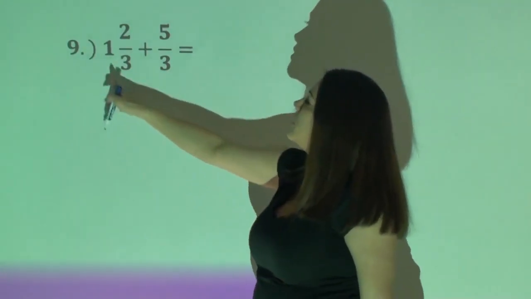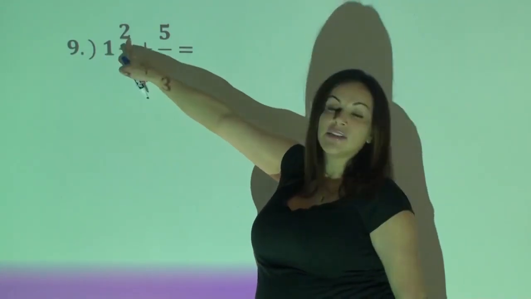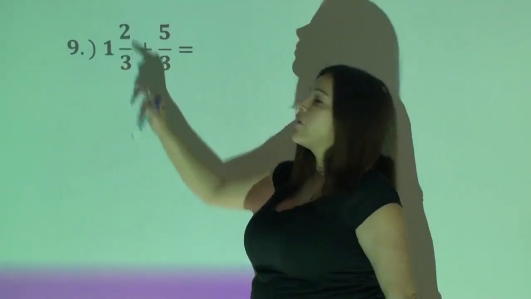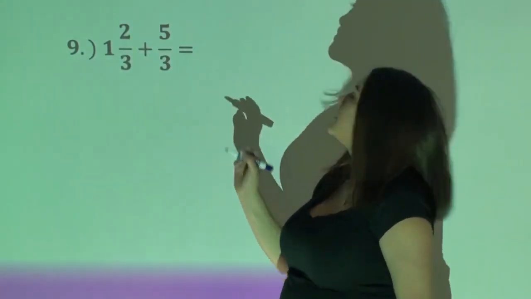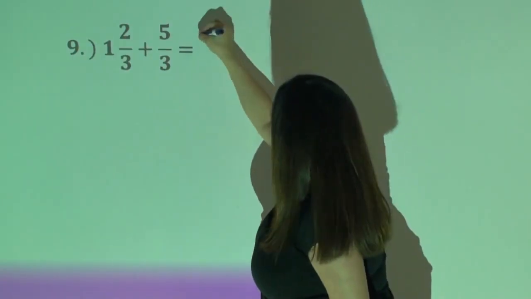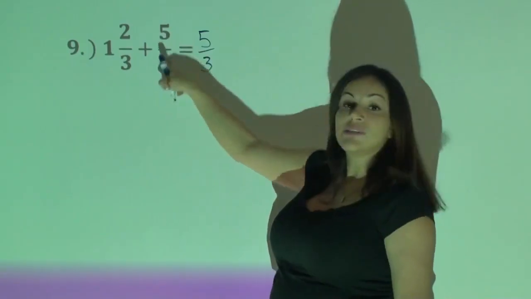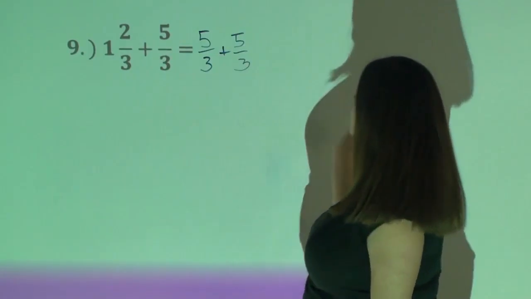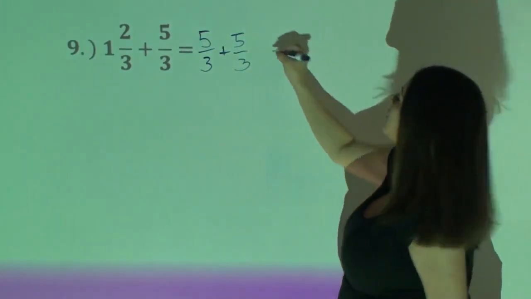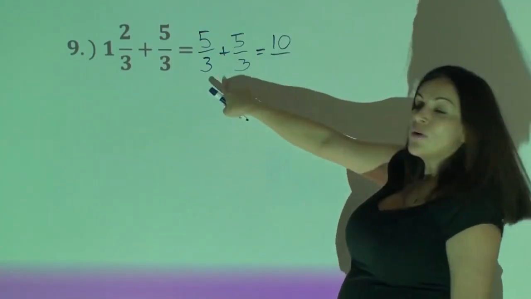So if you remember, we take this 1 and multiply it times the denominator and add that to the numerator to get what goes in the numerator. So we're going to get 1 times 3 is 3, plus 2 is 5 over 3. And then we have plus 5 over 3 again. That's going to give us 5 plus 5 is 10 over 3.